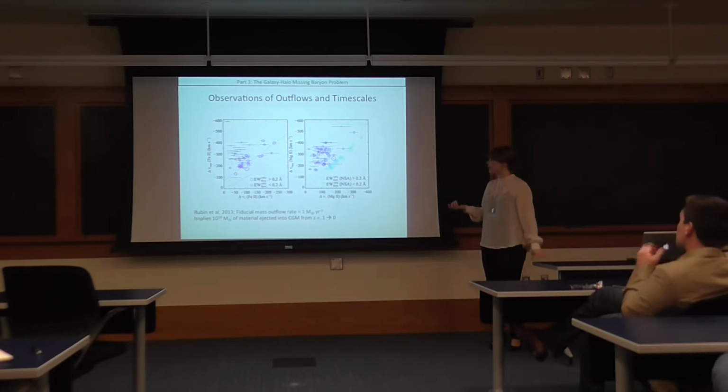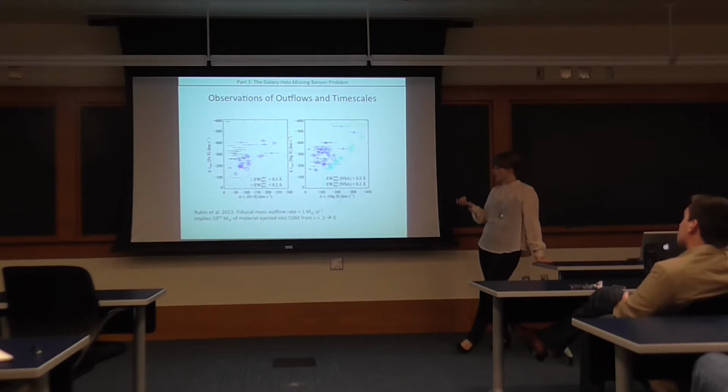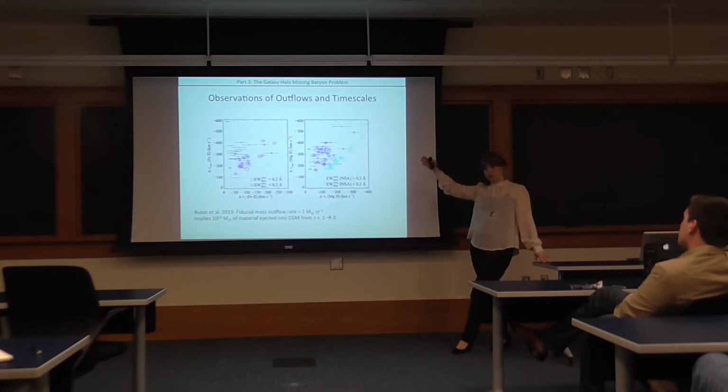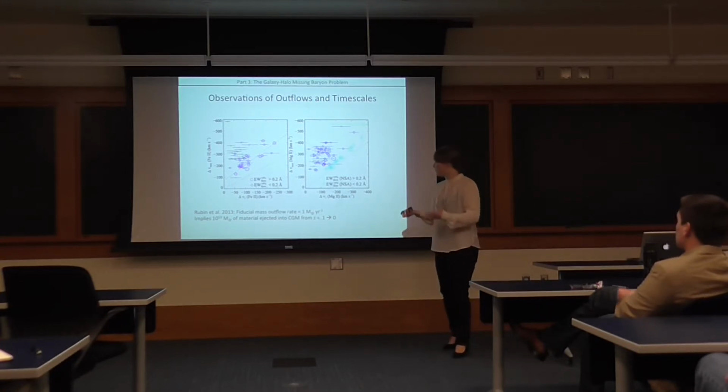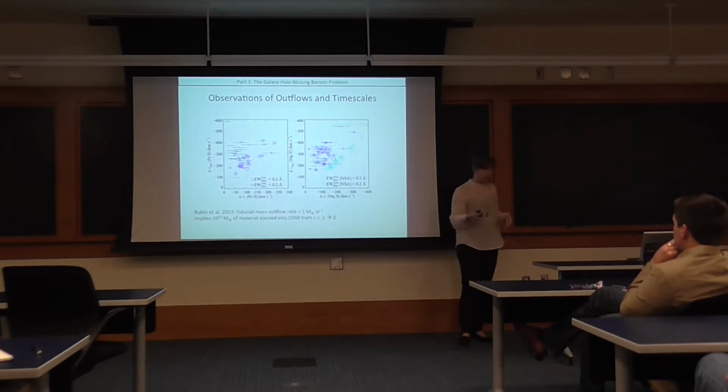And Kate Rubin published this study where she looks down the barrel of galaxies. You find a component of absorption down the barrel of galaxies in magnesium-2 that's associated with the interstellar medium. But then there's a blue-shifted component of that gas that's quite significant. And by measuring that blue-shifted component's equivalent width, you can find that a ton of material is not consistent with being associated, but is instead moving toward us at velocities of, say, 200 to 500 kilometers per second.